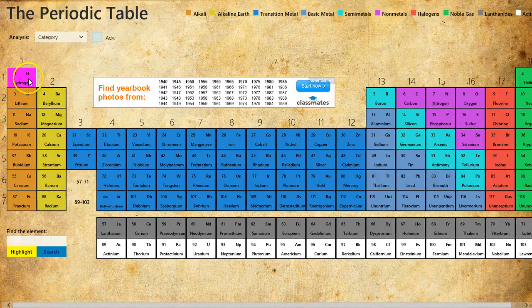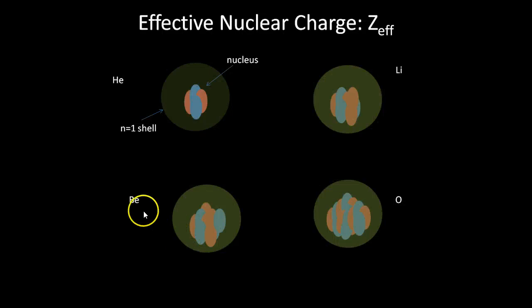Both of those electrons are blocked by the electrons in the innermost shell. But remember, we are increasing the number of protons: 1 proton here, 2 protons there, 3 and 4. So beryllium only has 2 electrons blocking this +4 pull from the beryllium nucleus. That indicates that it would have a higher effective nuclear charge.